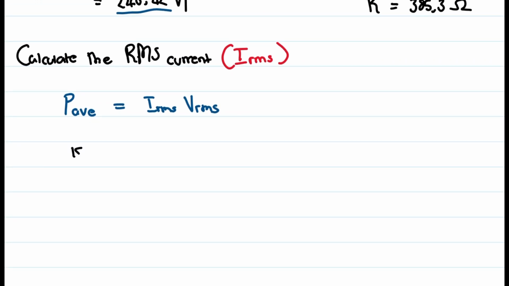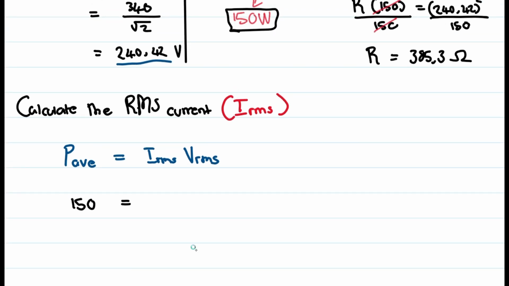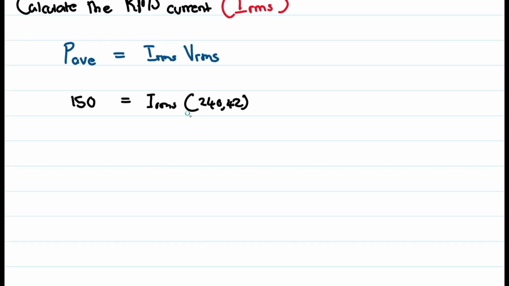So we have 150, and then we have the VRMS, which is 240.42 volts. So we have IRMS here, multiplied by 240.42 volts. We are just looking for IRMS, so we divide both sides by 240.42.